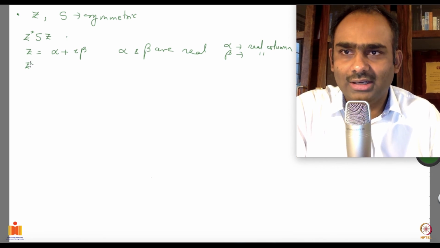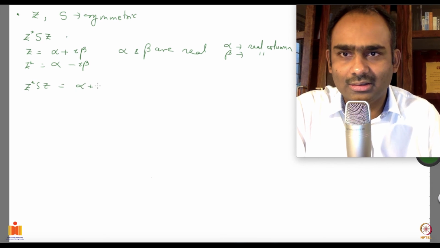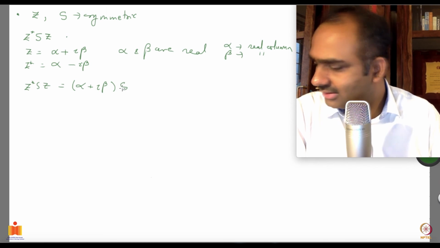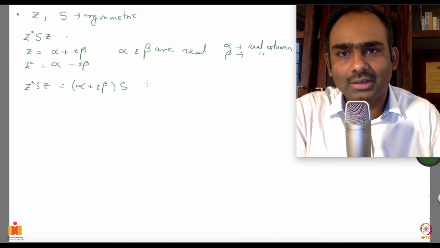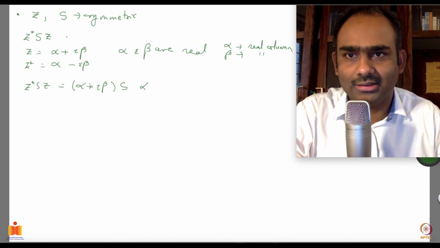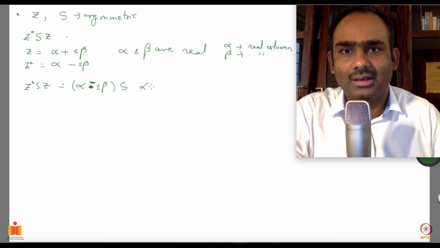So Z star would be alpha minus i beta, and let's now construct Z star S Z. So you have alpha minus i beta times S times alpha plus i beta. Sorry, there was a minus sign here.